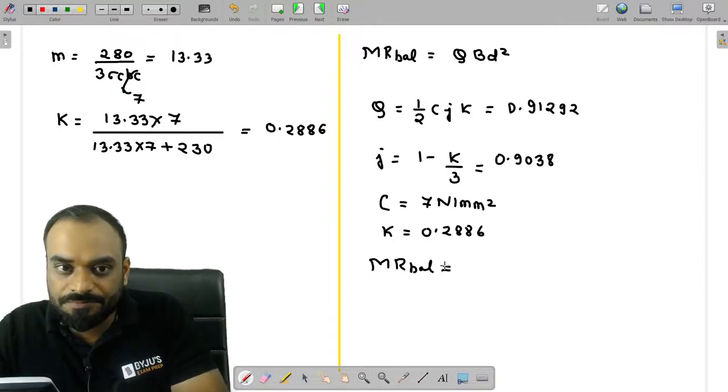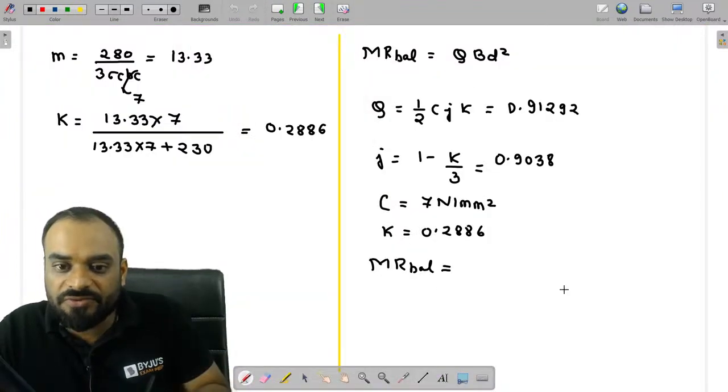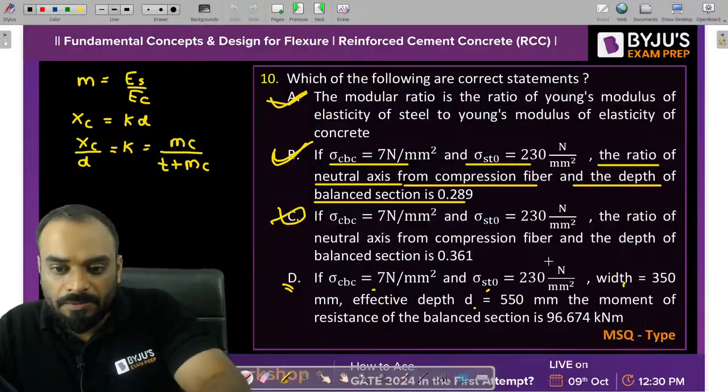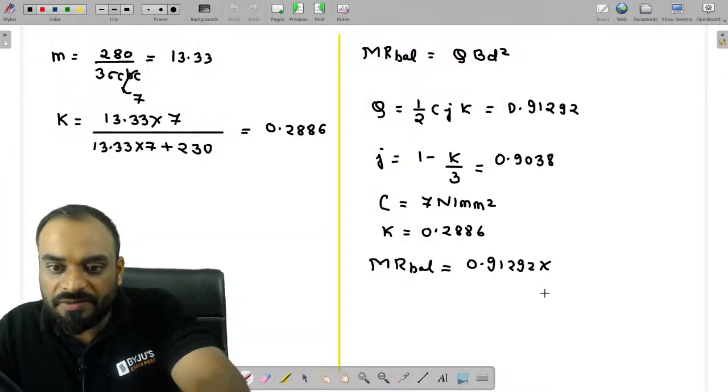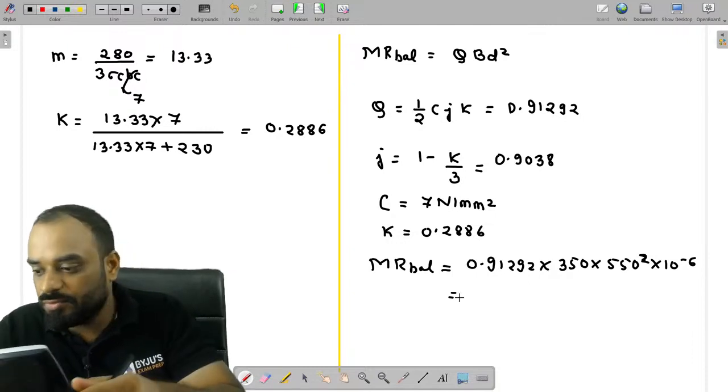So let's calculate the value of MR balance. B is given as 350 and D is given as 550, multiplied by 10 raised to power minus 6. Let's calculate this value.